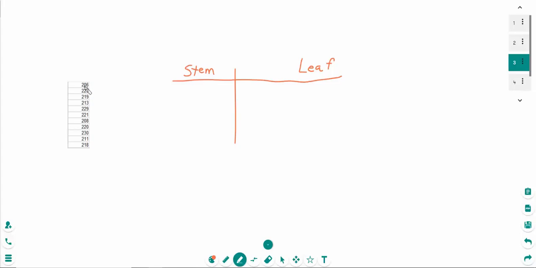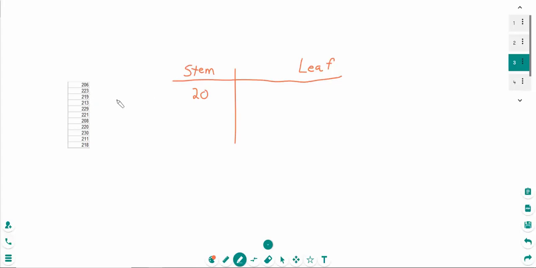So that is the stem. The stem is 20. The next number is going to have a stem of 22 and 21. If I just read down, the smallest stem is going to be a 20. So I'm going to write that stem first, 20. Then I can go through and ask, what other stems do I have?